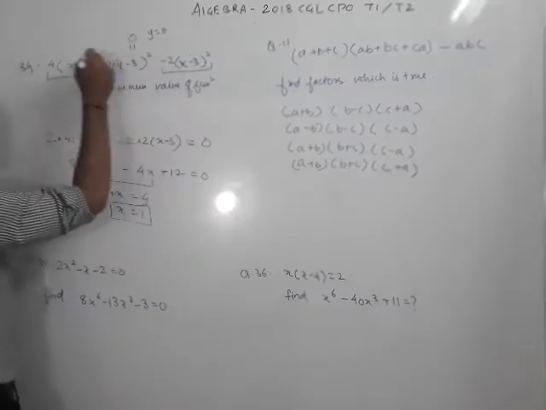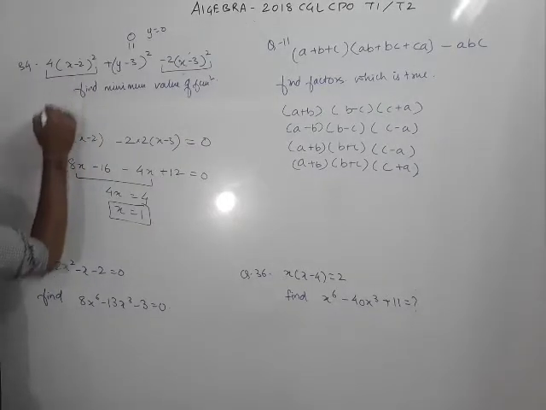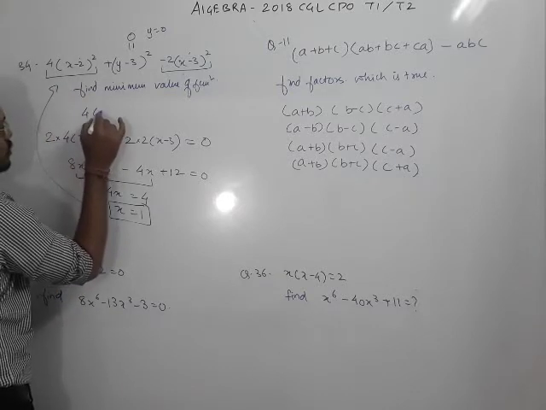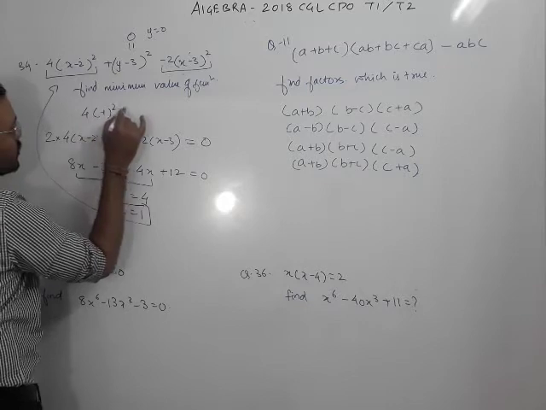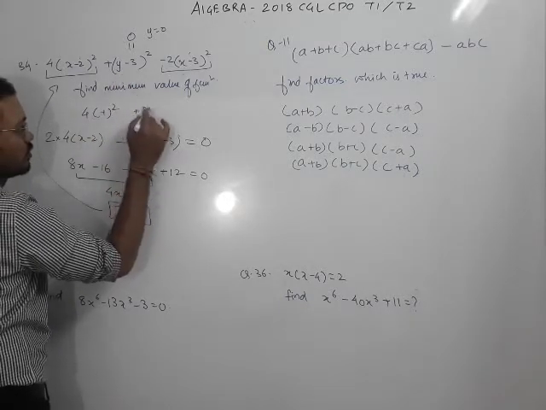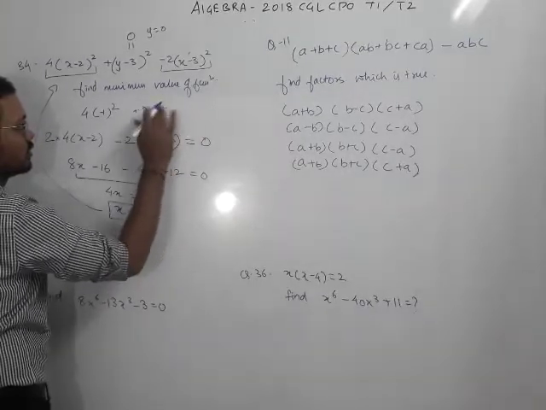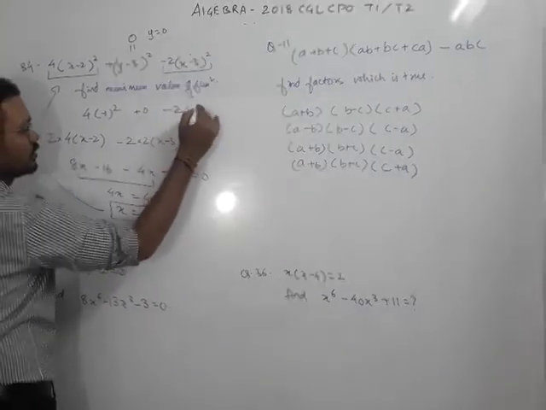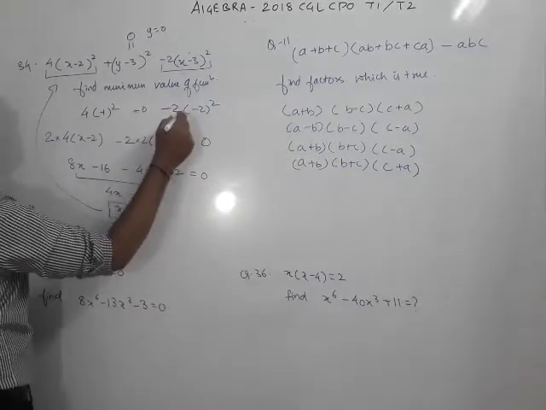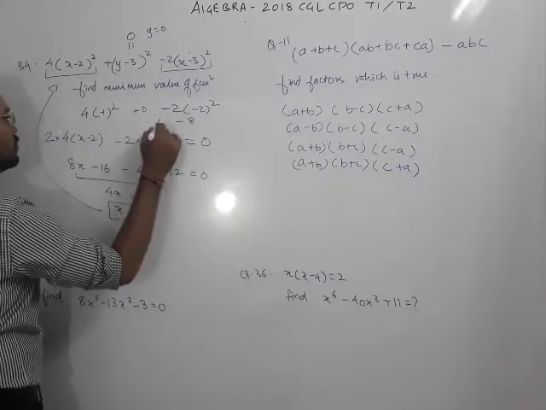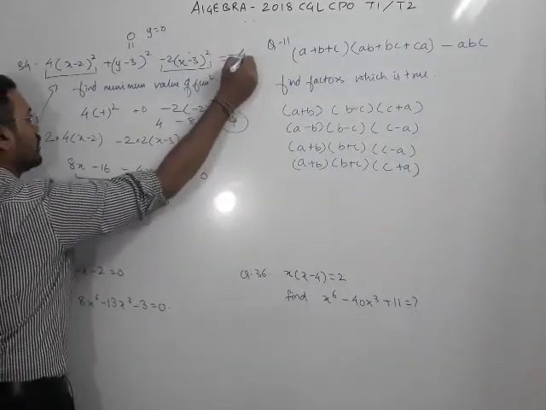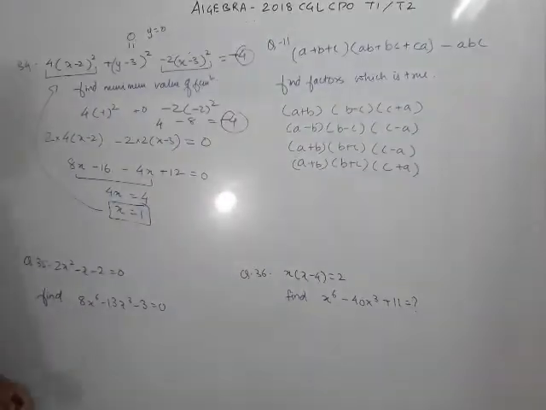When x is 1, just put the value of 1 over here. This becomes 4 into 1 minus 2 is minus 1 square. This is 0. This is minus 2 into 1 minus 3 is minus 2 square. So it will be minus 8, 4. Answer is minus 4.